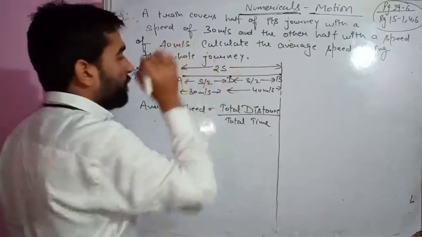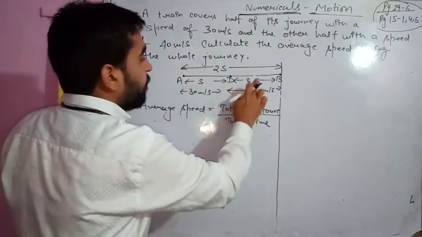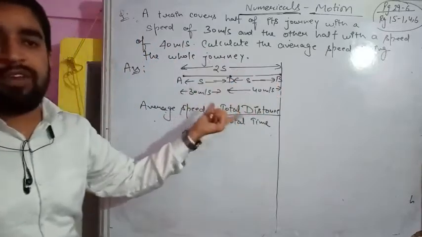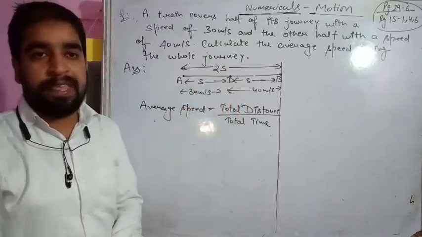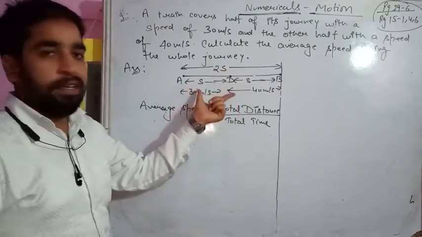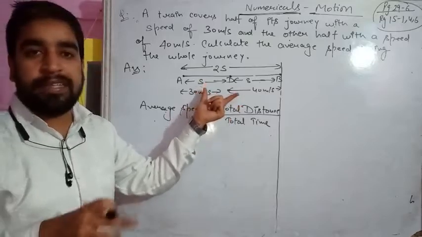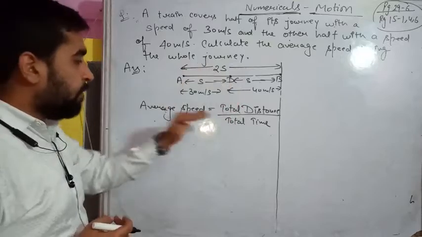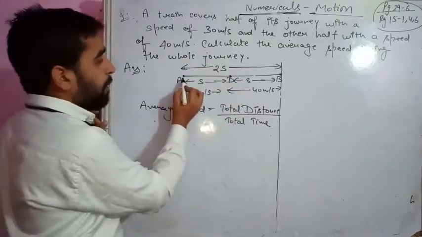You can assume this is 2S, then half journey will be S, another half journey will be S. So it's about you, howsoever you will feel convenient. You can solve it for S and S by 2, S by 2 as well. For making your calculation easier, because everyone is taking care about points, decimal, S upon 2, that's why I have given it to us. So total distance is given to us, total time. So time we will calculate firstly from A to D.